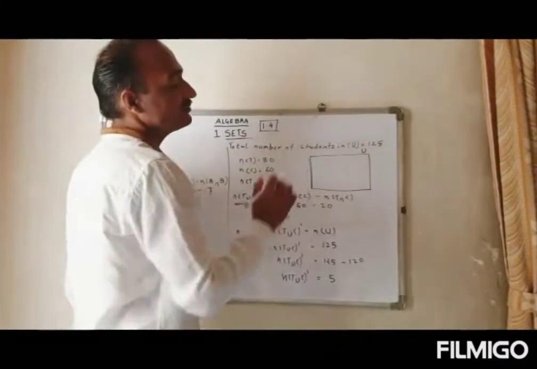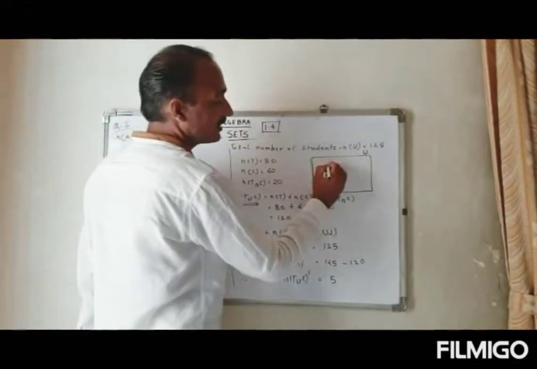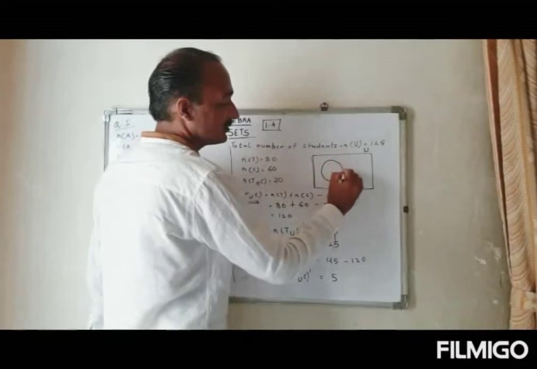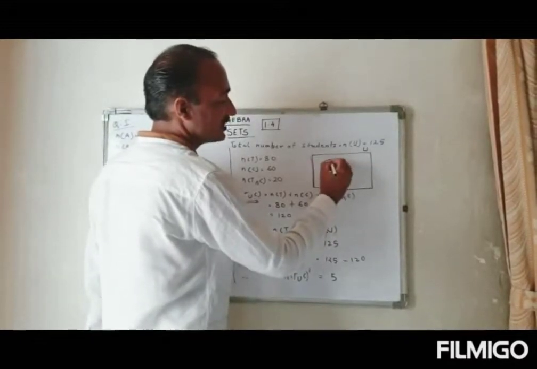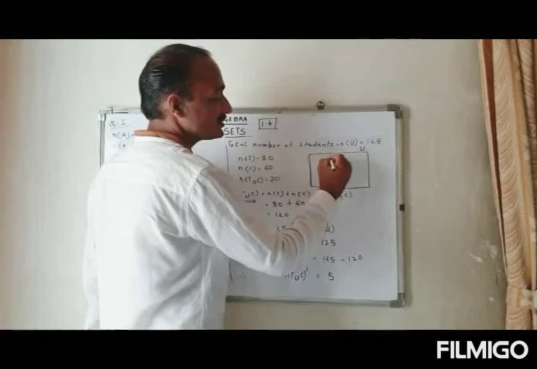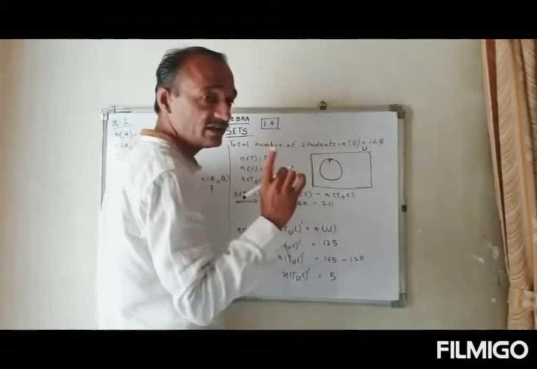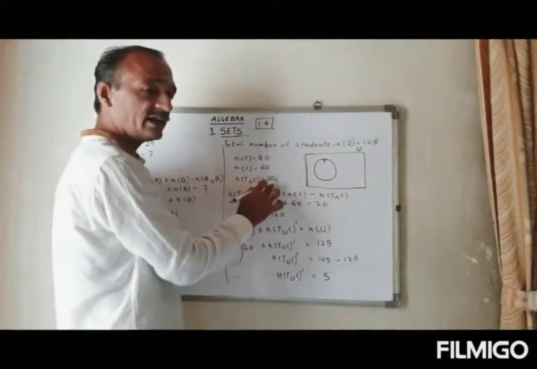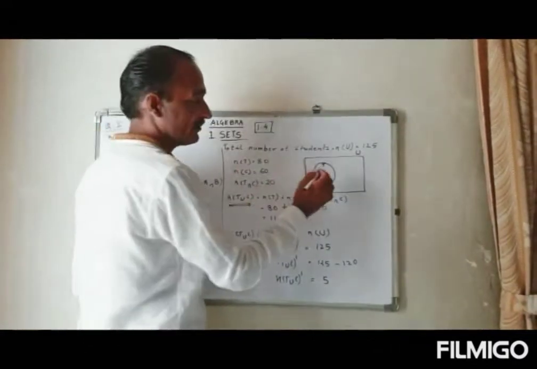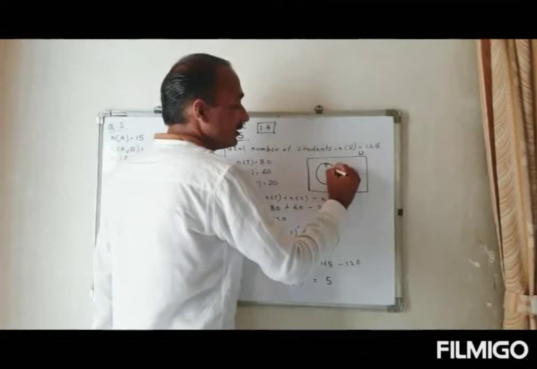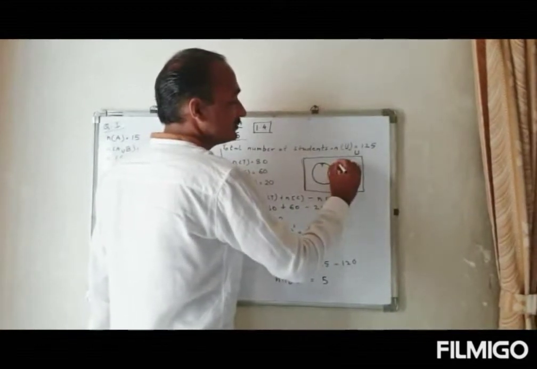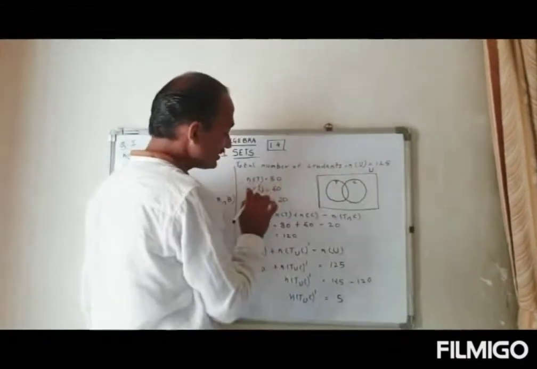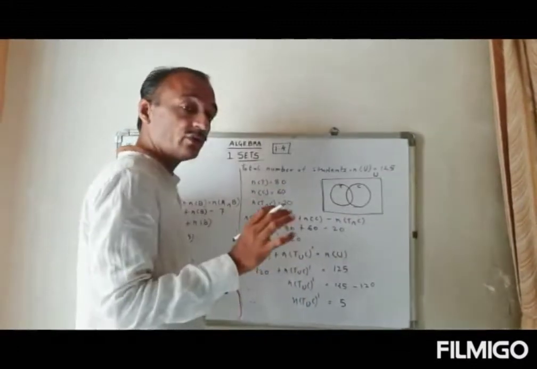So how will we show it using a Venn diagram? The first circle denotes students who drink only tea. You can't say 80, because here 20 drink both tea and coffee. This is coffee. You can't say that 60 students drink only coffee.